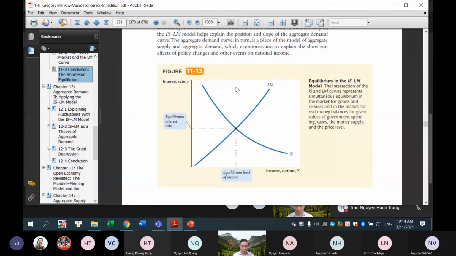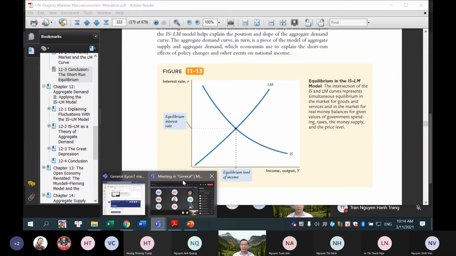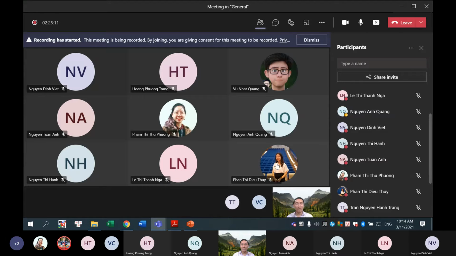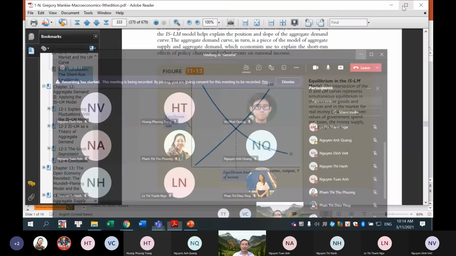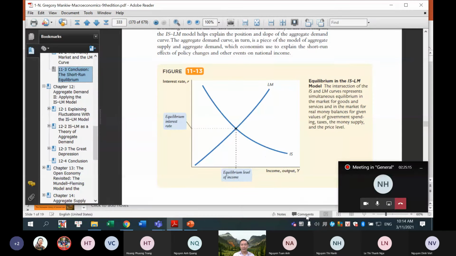Okay. The next person, Miss Thu Phương. I think when the stock market crashes, the investment will decrease. Investment spending will decrease.